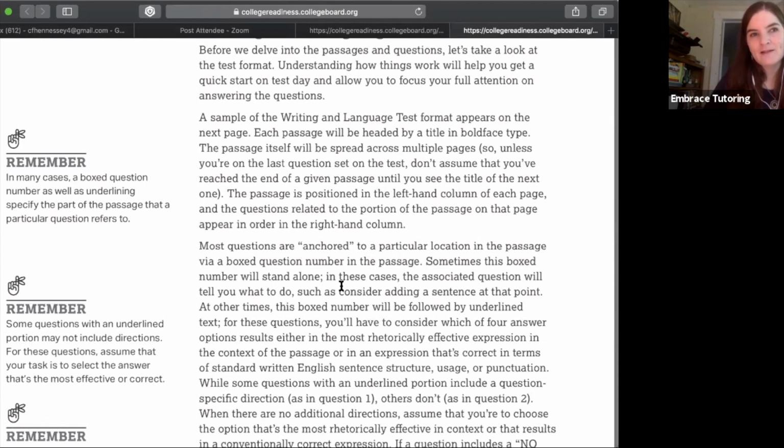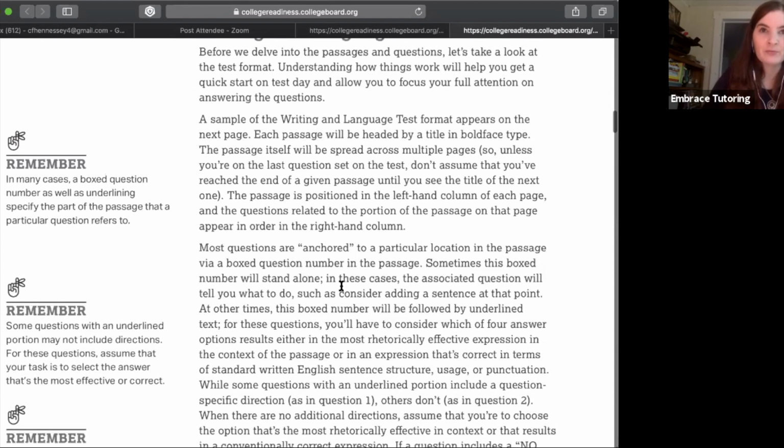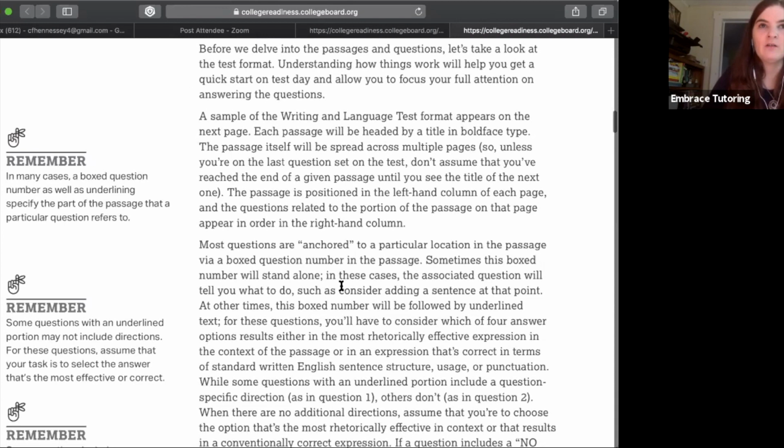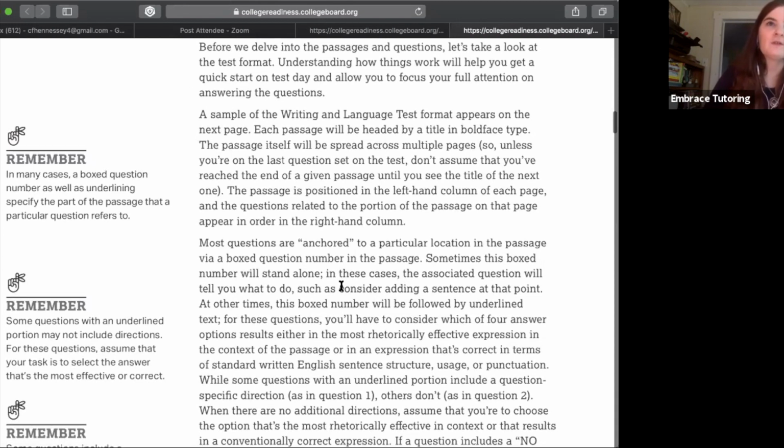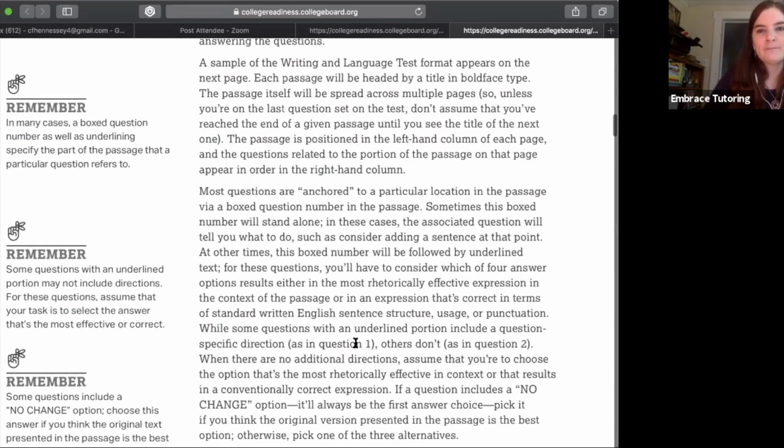These passages are created for this section because it gives the College Board direct control over the language that they use, and they don't have to rework or rephrase what they're trying to say to make an incorrect answer. They have a lot more control over it.